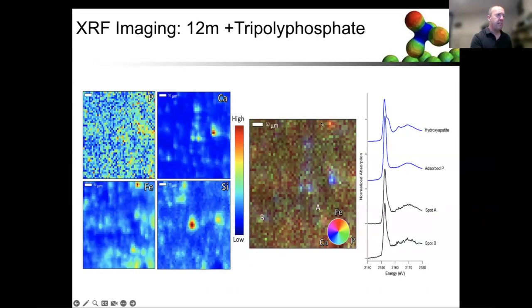And so if you do a tricolor map or a false color map and you overlay where the phosphorus is in green, where the iron is in red, and where the calcium is in blue, you can see that there's some little hot spots where there's calcium phosphate, but for the most part, the phosphorus is distributed through the sample. And then if we go to these different spots and collect XANES spectra, you can certainly see in some of these spots, there's some structure that is consistent with calcium phosphate, and in other spots that it's basically adsorbed. So our speciation model and our X-ray microprobe measurements are fairly consistent.